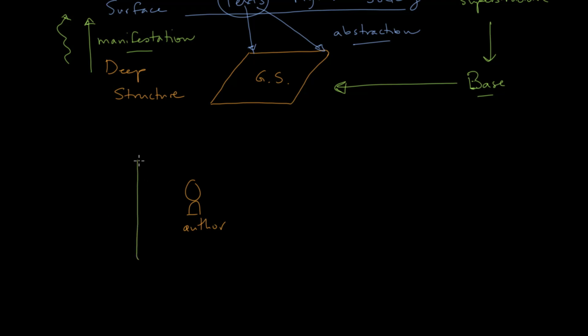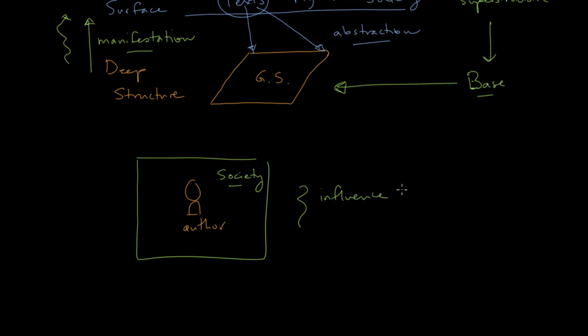So you are fitting into some larger society. And these two things, your individualism, yourself, and society, these two things influence the hierarchy of the squares.